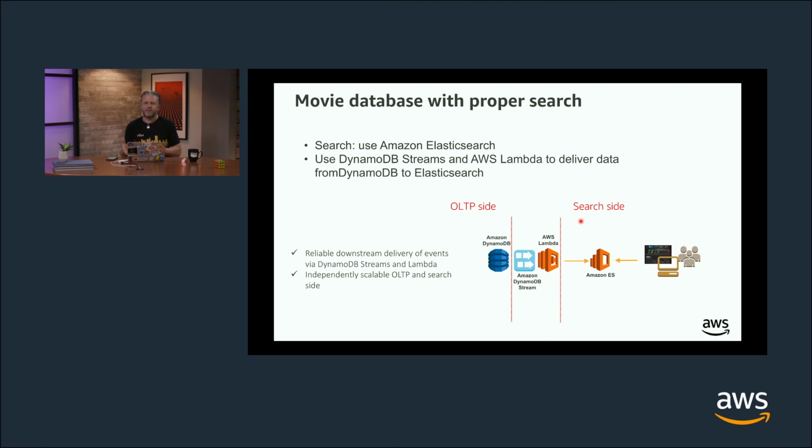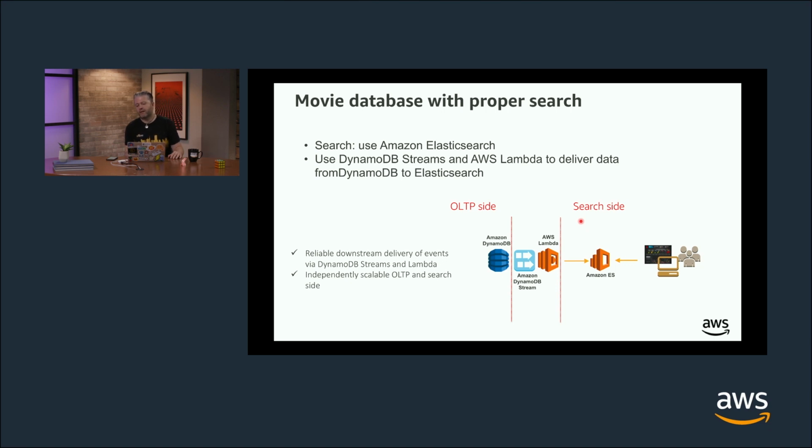This, of course, is an asynchronous operation, but in our case we have a database of reference data, movie data that does not change frequently but is read very frequently. So it's perfectly acceptable to have this additional propagation latency. The propagation is asynchronous, but it's reliable. DynamoDB will reliably deliver data using DynamoDB streams to consumers that want to read it.